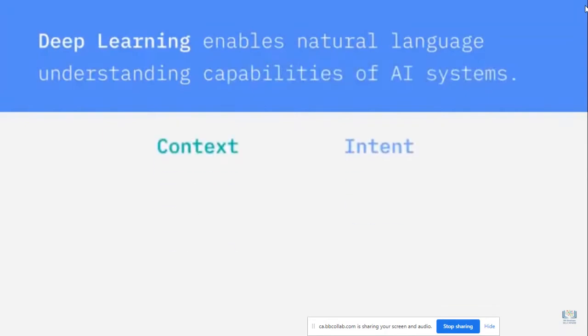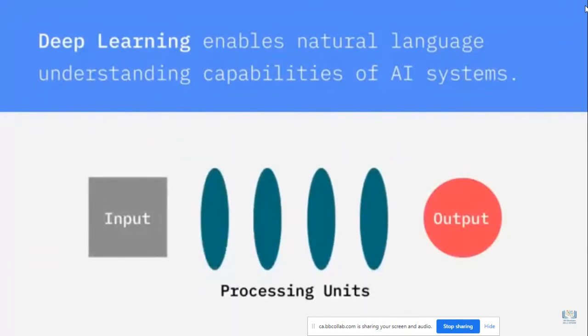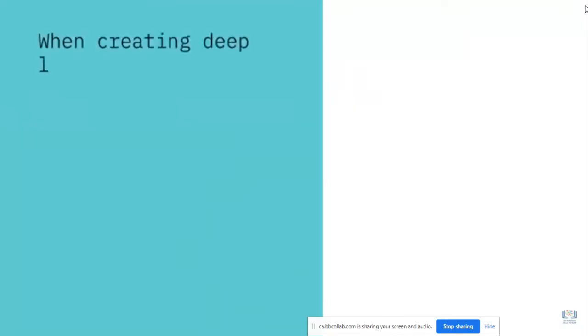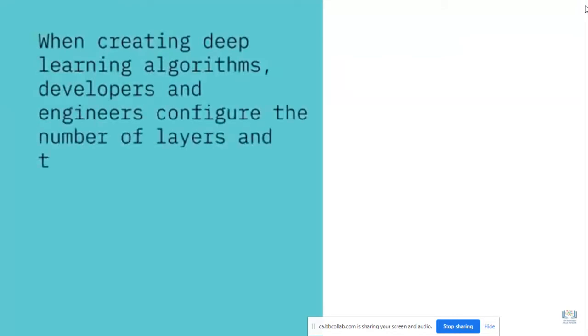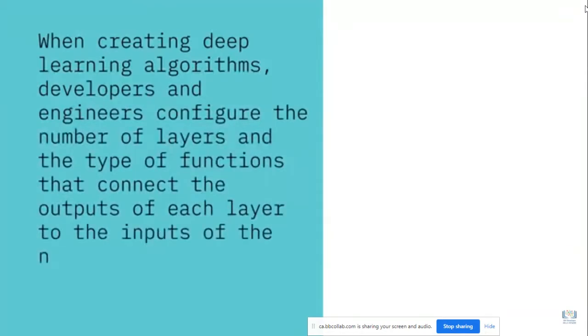Deep learning algorithms do not directly map input to output. Instead, they rely on several layers of processing units. Each layer passes its output to the next layer, which processes it and passes it to the next. The many layers is why it's called deep learning. When creating deep learning algorithms, developers and engineers configure the number of layers and the functions that connect the outputs of each layer to the inputs of the next.